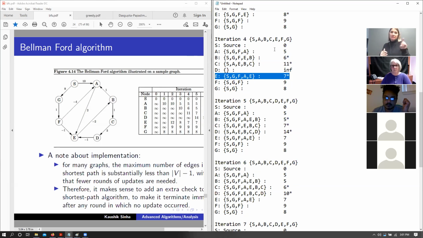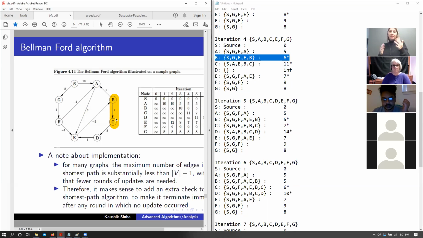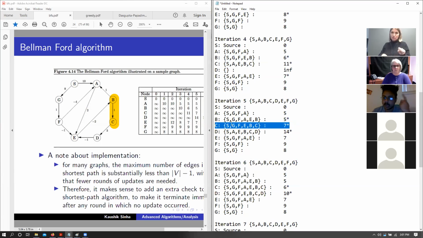So for B, we had an updated value of 6. We now have an edge length of B to C. So we can update the value of C. Wait, SGFE, right, for B. Okay.